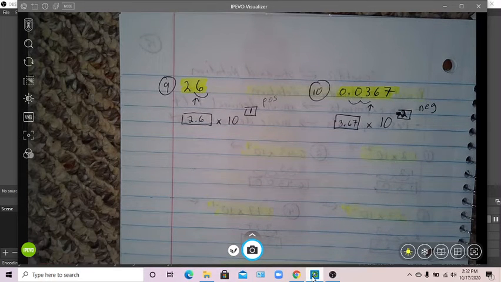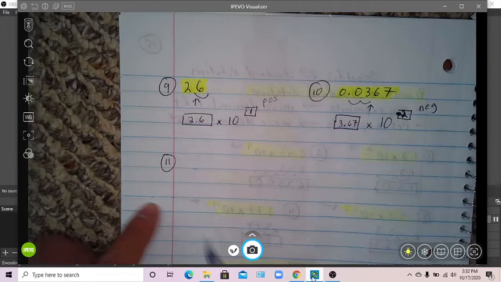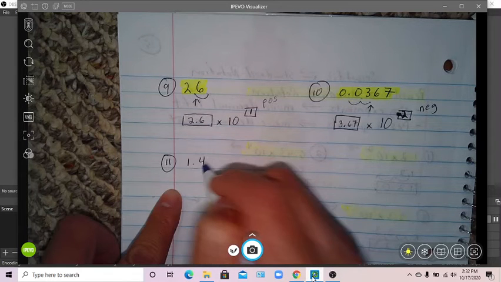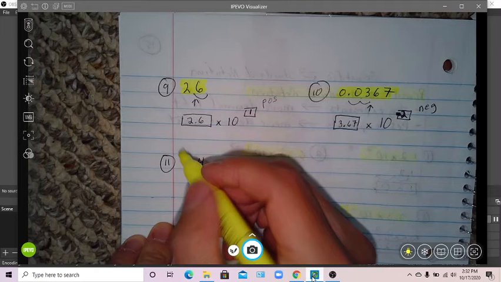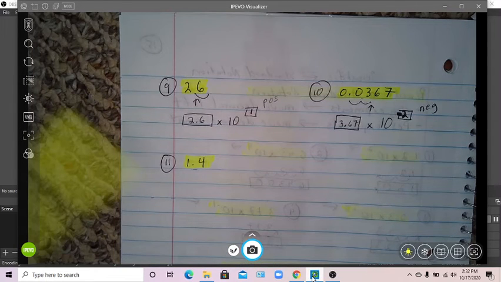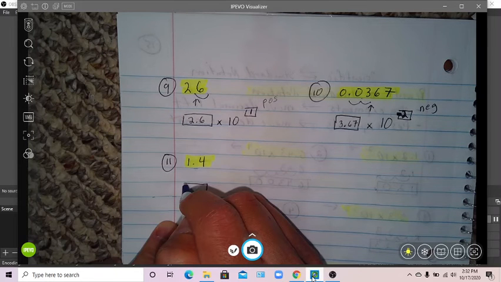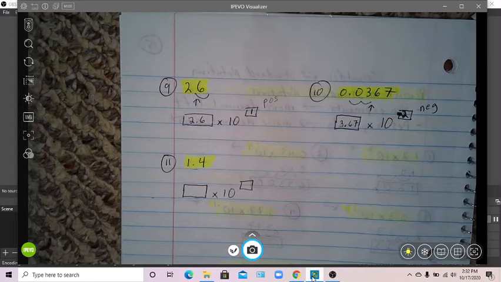The last one we'll do together is 1.4. They give you one like this, and students often get confused. 1.4, what do I do with 1.4? You have a box to write your coefficient times 10, and a box for your exponent. I need to write it in scientific notation, so I need a number between 1 and 10.